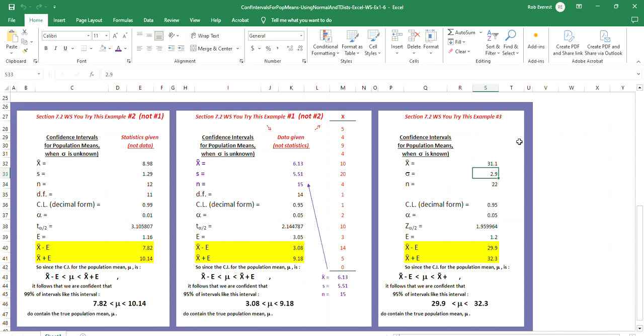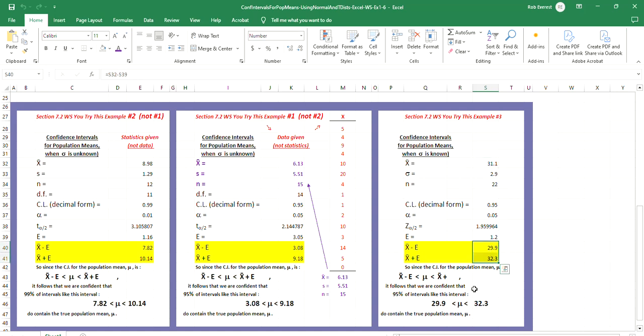We're still using the same sigma value of 2.9. The confidence level indicated in this problem was 95%. This is the critical z value more accurately using the inverse norm functionality in Excel. And I simply rounded this error to only the closest tenth, so I could add and subtract it to the given sample mean to get the lower and upper bounds of the interval.